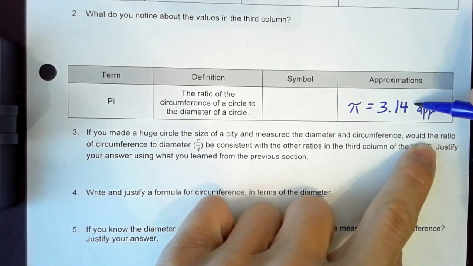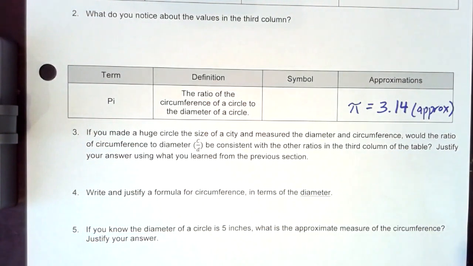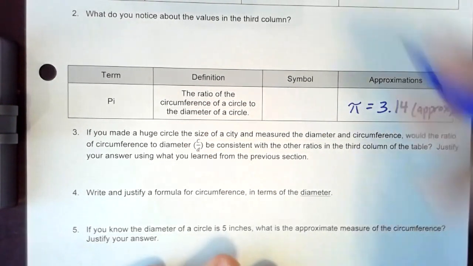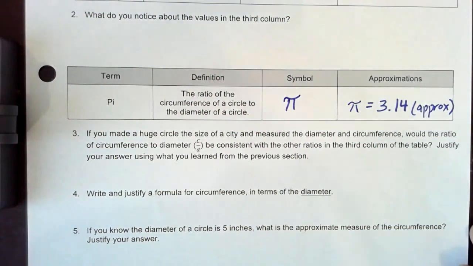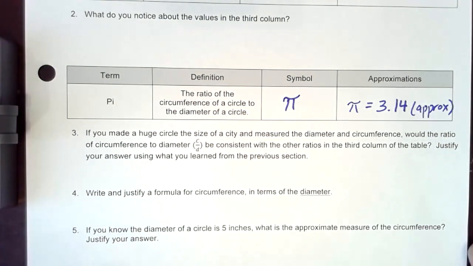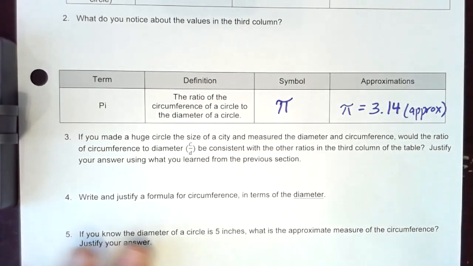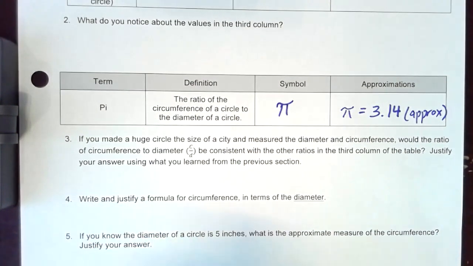It's approximately 3.14. So whenever we're doing a calculation, when we use our calculator, you'll see me today use 3.14 on my calculator. The symbol itself is pi. Okay, that's all we're going to do on this page. Let's go ahead and skip to the next page.